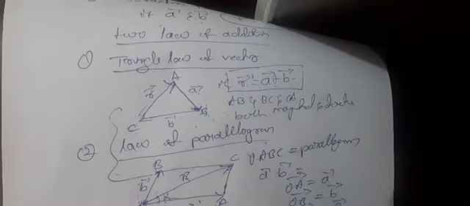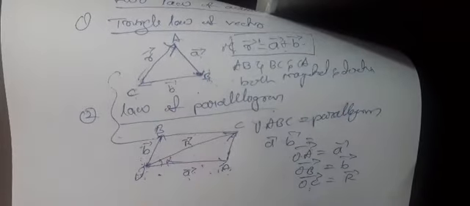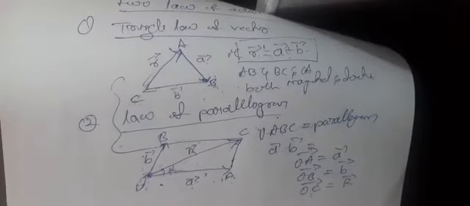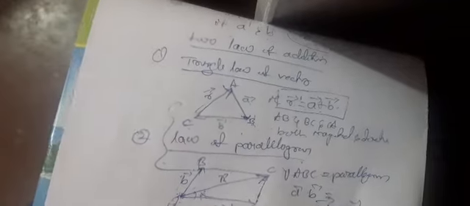Alpha is the angle, and OA and OB are the adjacent sides, so it measures both angles and sides of a given parallelogram. That is the difference between the triangle law and the law of parallelogram.